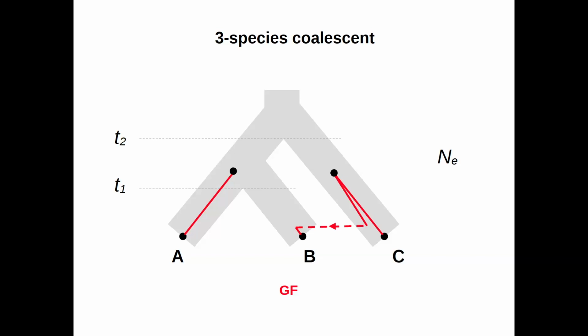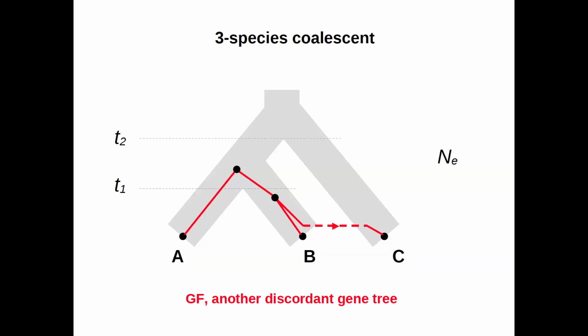And again, next slide, we have this gene tree with a discordant topology due to gene flow, due to introgression from C to B. In the next slide, we see the other direction of migration, with a migration from B to C leading to yet another instance of a BC versus A topology with different branch lengths.